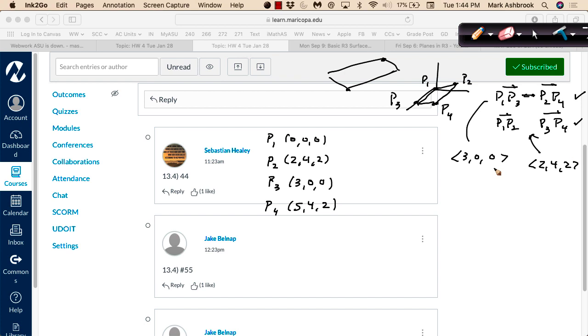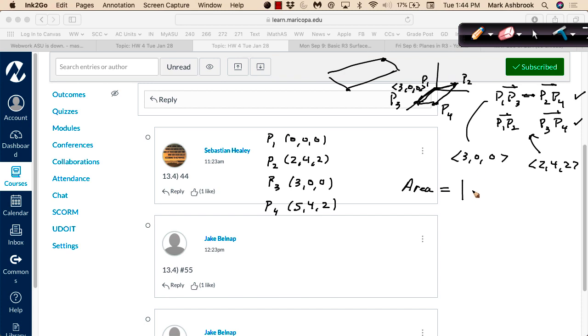So now they want you to find the area of the parallelogram. So what did we find last time? That the area of the parallelogram is the magnitude of the cross product, right? So let's make it as easy as I can on myself. P1, P3 is a nice easy vector, right? That's the 3, 0, 0 vector. And let's do P1, P3 cross P1, P2, which would be 2, 4, 2.